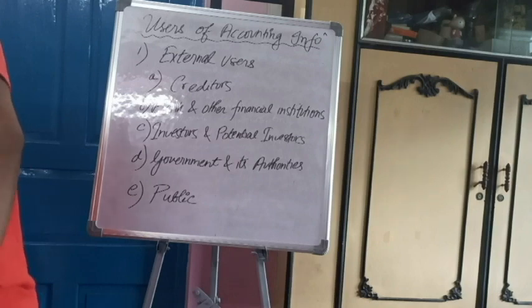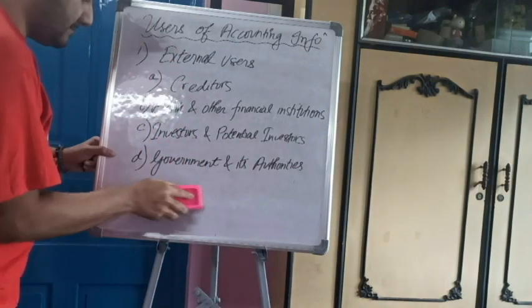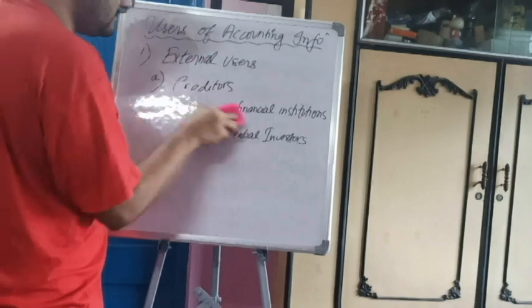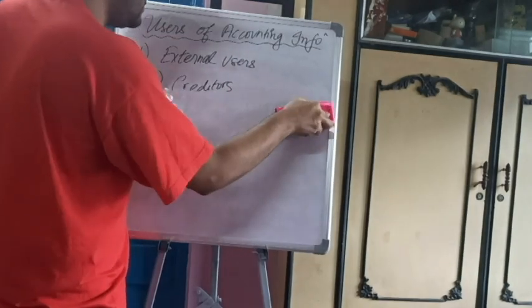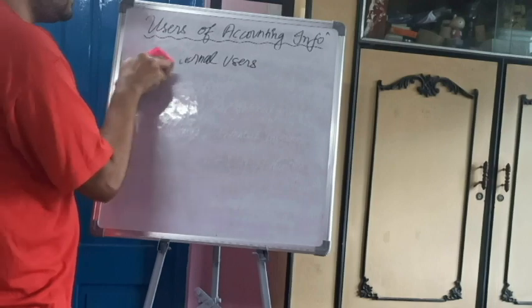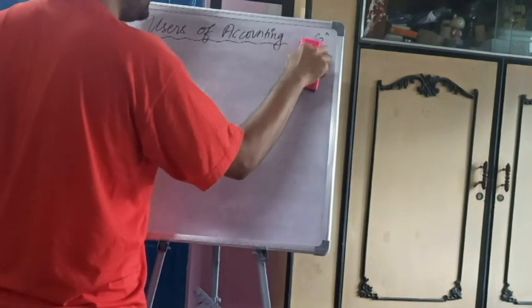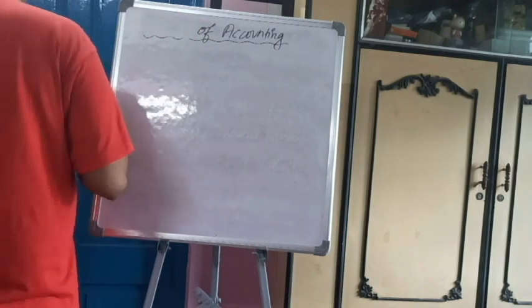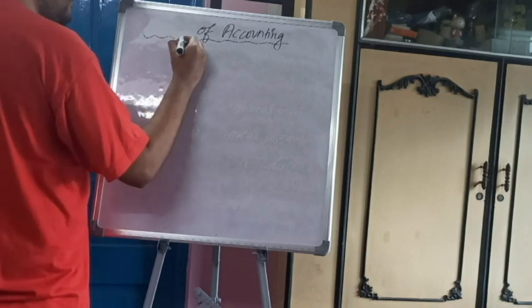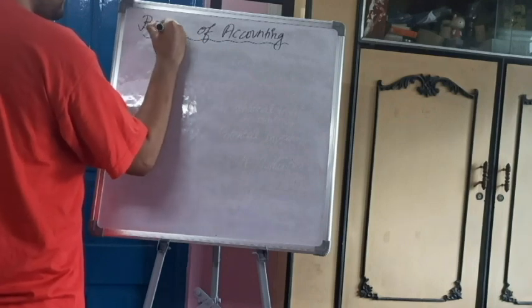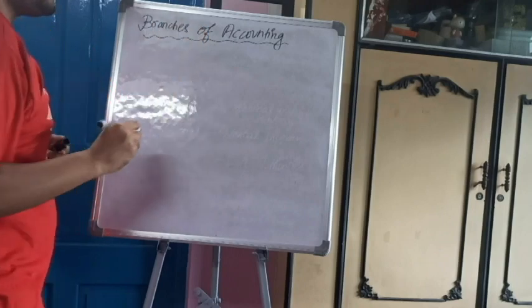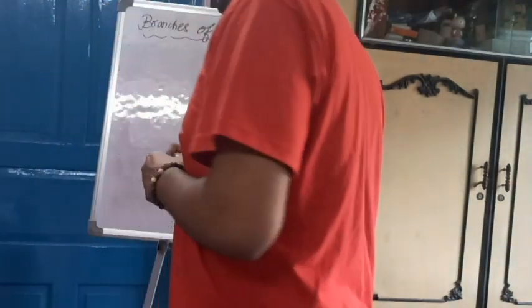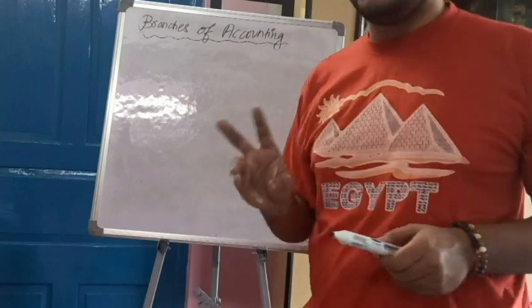Next come the branches or subfields of accounting. Basically, under branches of accounting, there are only 3 heads.